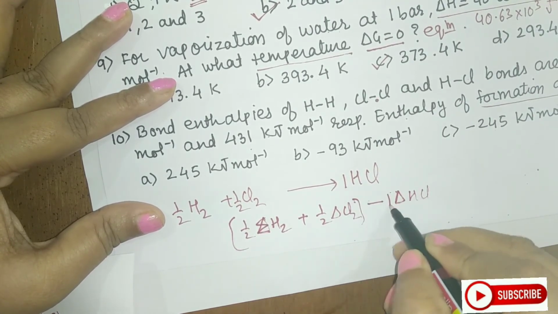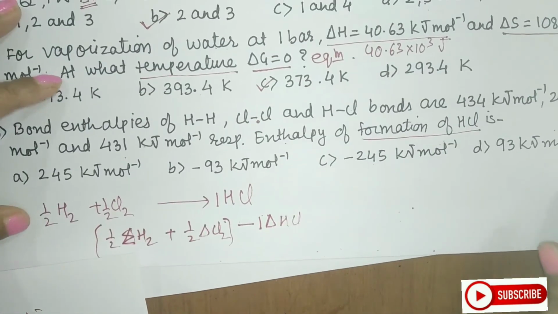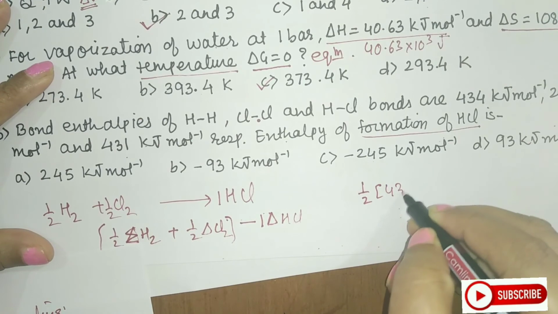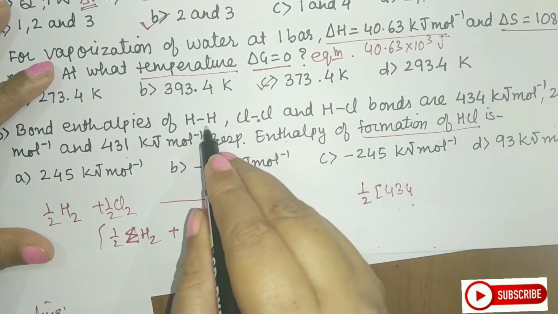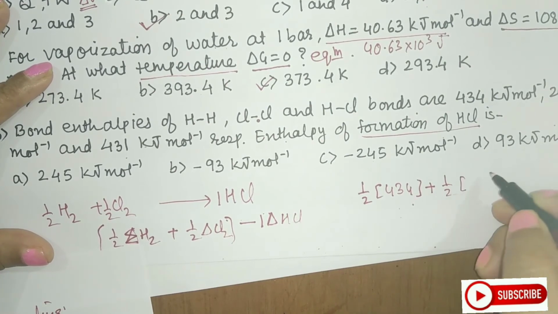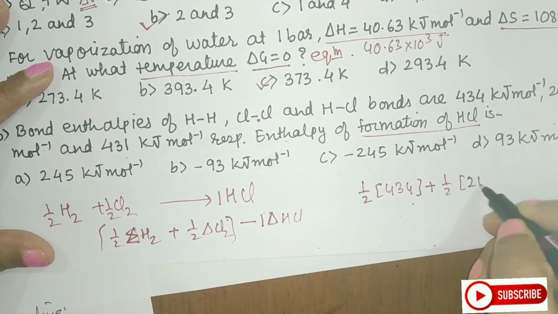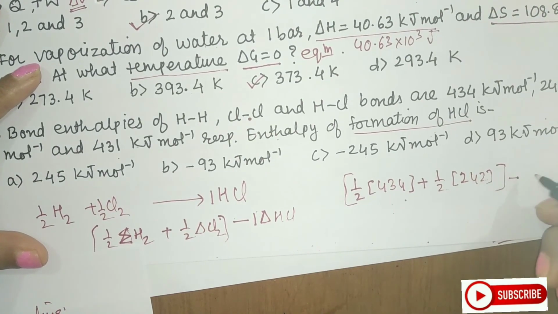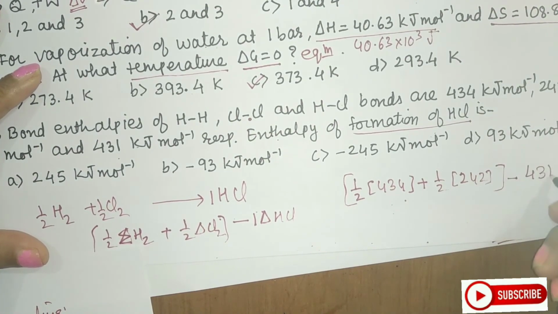Because this is 1 mole, I'll write 1. Now substitute the values. It will be half into 434, this is what is given for hydrogen, plus half that of Cl2, so it is 242. This is for the reactants, minus that of products, so 431.